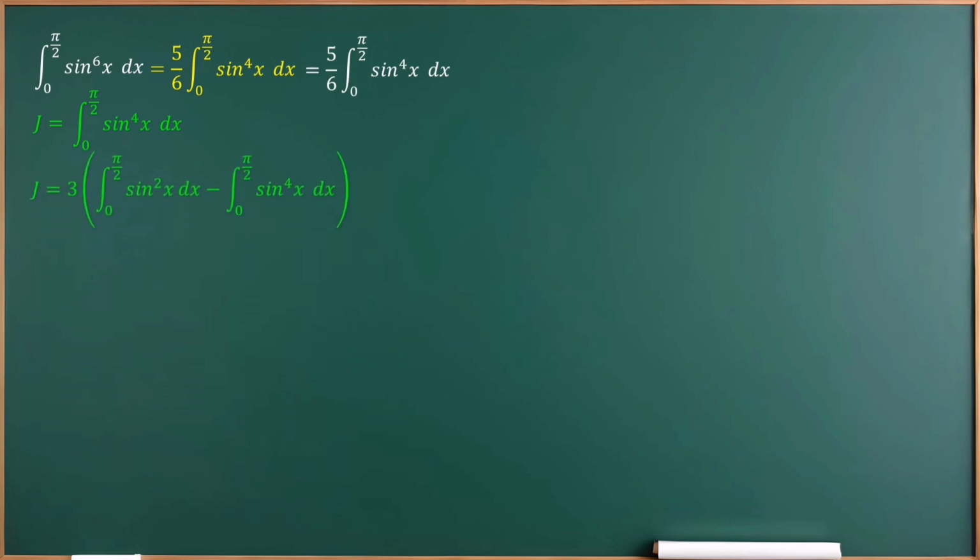After that, instead of integral sin to the power of 4x value, we can substitute capital J. We can remove the brackets and get the result J equals 3 times integral sin squared x minus 3J. Then we can write J plus 3J equals 3 times integral sin squared x. J plus 3J value we can get as 4J. Then we can make J the subject as 3 over 4 integral sin squared x.